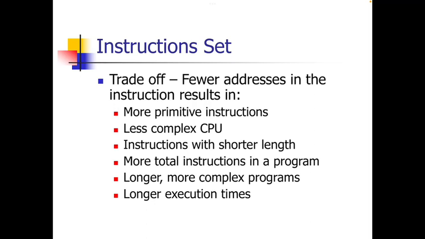Fewer addresses in the instruction result in, for example from three to one address, more primitive instruction. If you don't believe, you can go back here. More primitive means, you can look at our first one address.